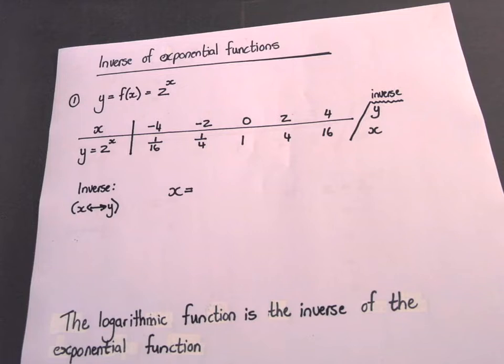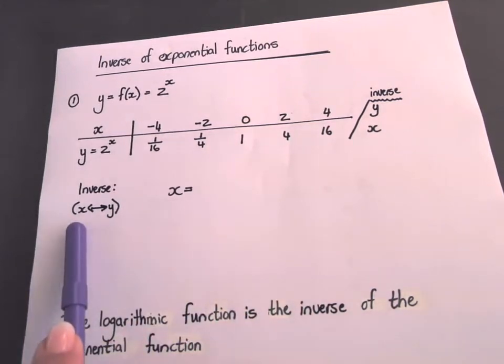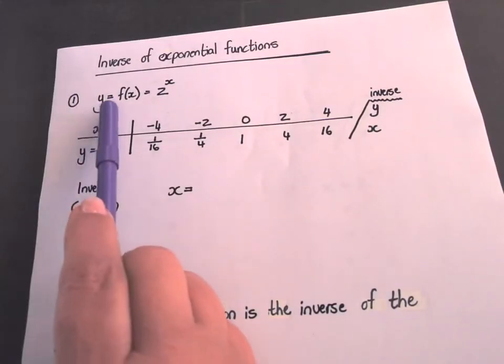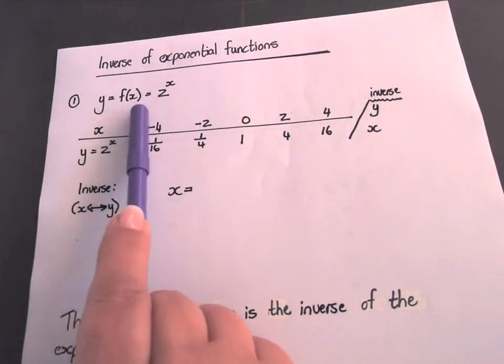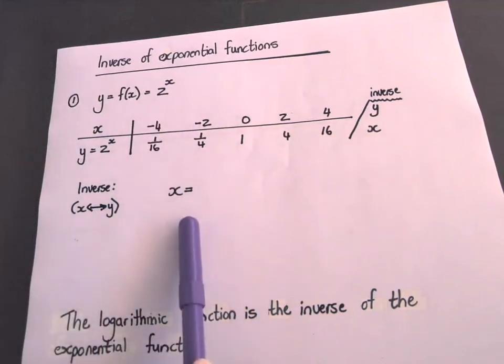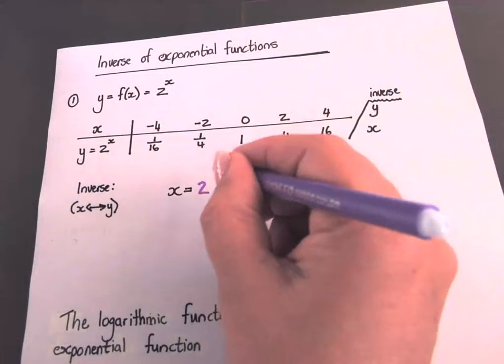Now, in order to work out the inverse, we already know that we have to swap the x and the y values from f(x). f(x) is also y. y equals 2 to the power of x. So to get the inverse, we say x equals 2 to the power of y.